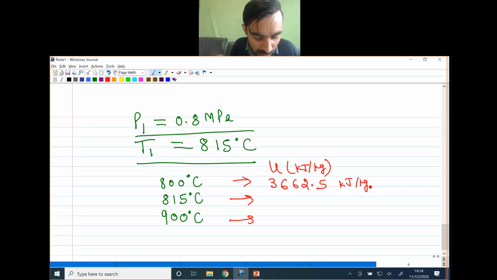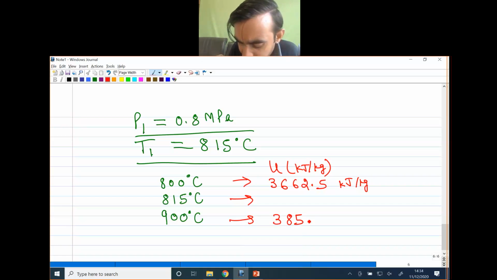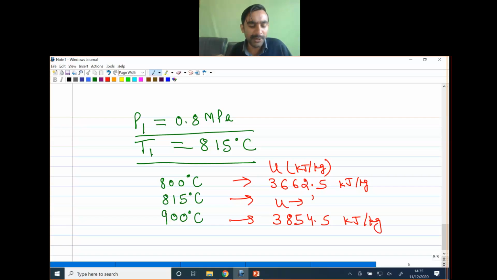And corresponding to 900, I have got the value of 3854.5 kilojoule per kg. Now you have to determine the value corresponding to a temperature of 815 degrees Celsius. So we have to employ linear interpolation.